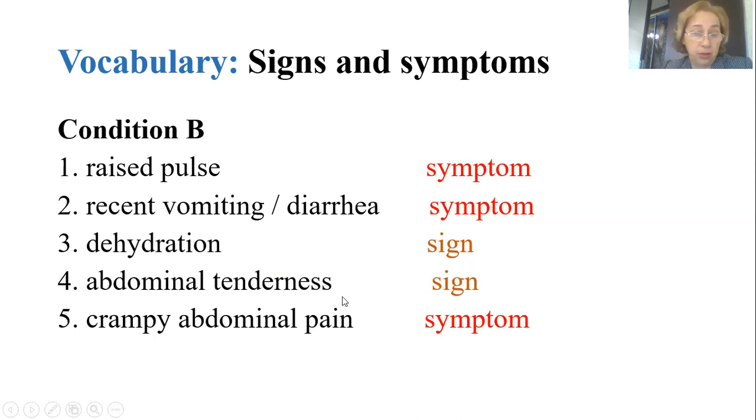And abdominal tenderness also. Why is it important to differentiate between signs and symptoms? This is because the doctor should write everything, the patient's complaints and also the signs that can tell the doctor something about the condition of the patient.